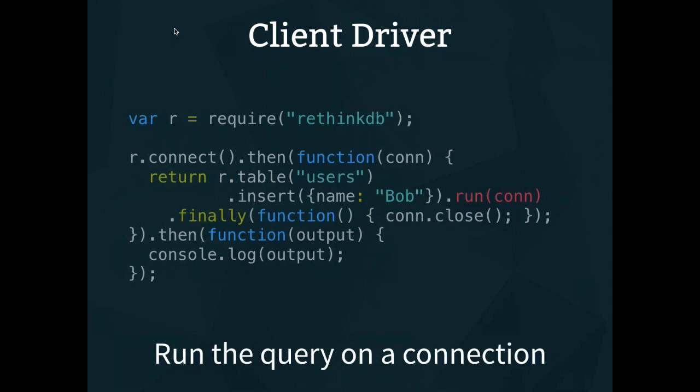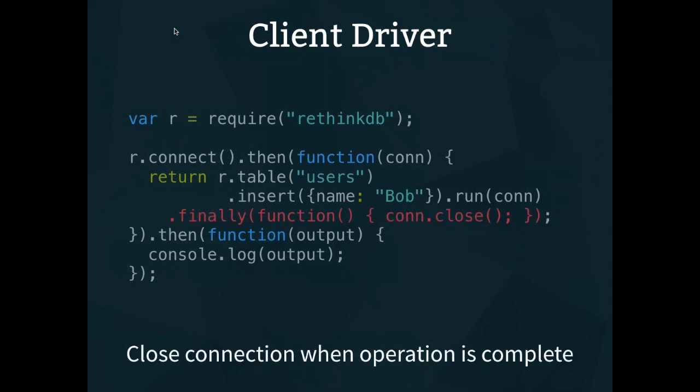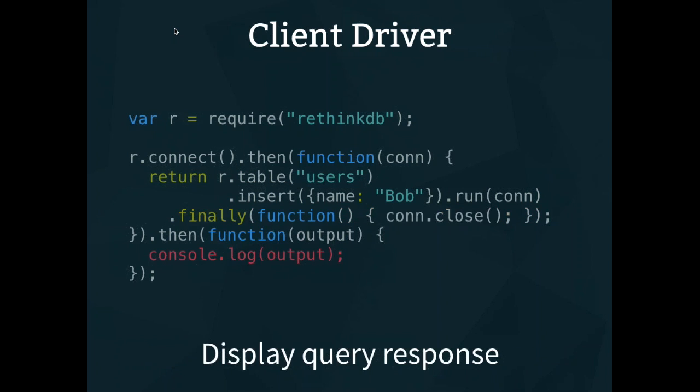All right, so next we have to close the connection when the operation is complete. So I've used a .finally promise there to make it so that when the operation is complete, regardless of whether or not it's successful, it's going to close the database connection, make sure that's closed for us. All right, then to display the query's response, we chain .then.